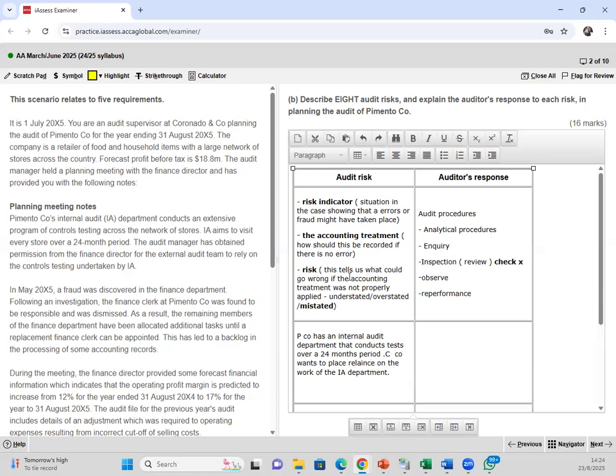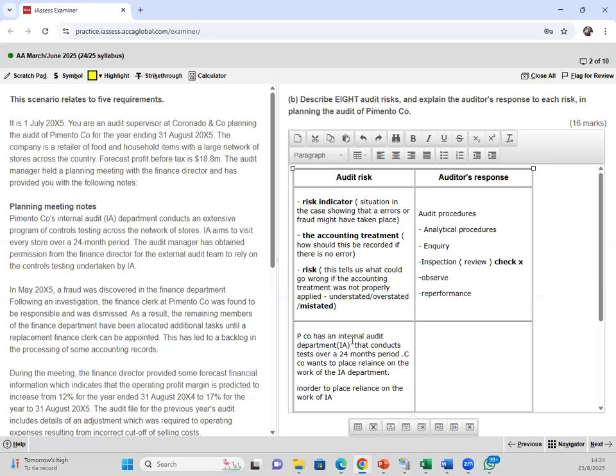Now, what is the accounting treatment, or what is the proper thing to do? We can then say, in order to place reliance on the work of internal auditors, you first of all need to indicate maybe here, when you initially used internal audit, when you wrote in full internal auditors, got IA.